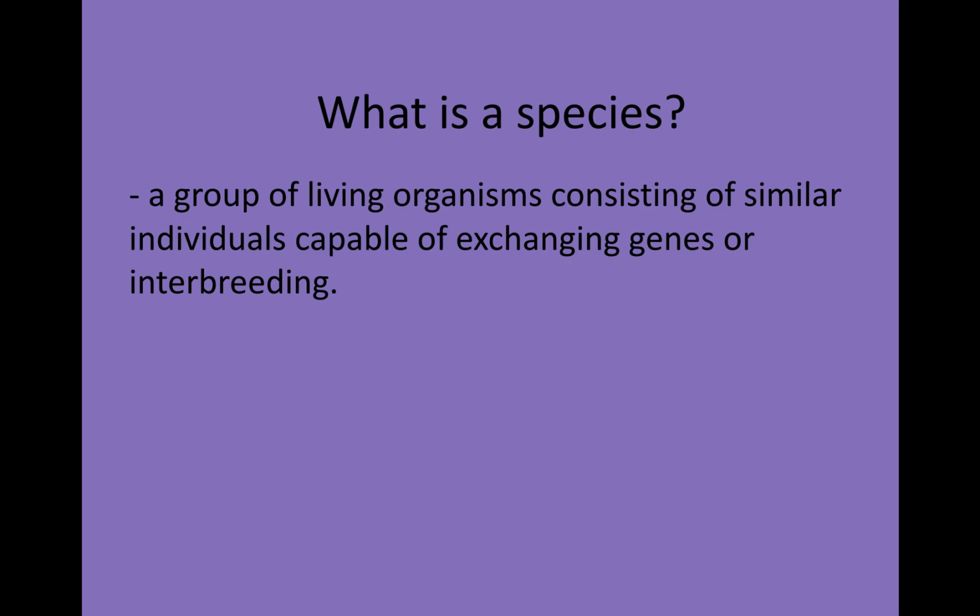Before we talk about classifying it, let's get to the most specific end of our classification system, which is being a species. A species is the most individualistic state you can be in as a group of organisms genetically. The more common definition for a species is a group of living organisms consisting of similar individuals capable of exchanging genes or interbreeding.